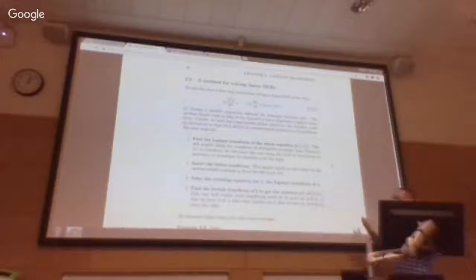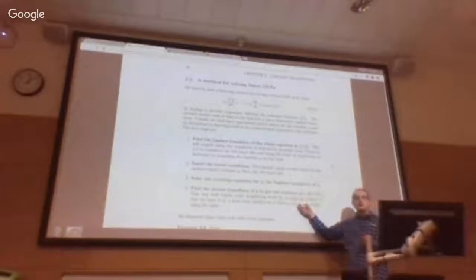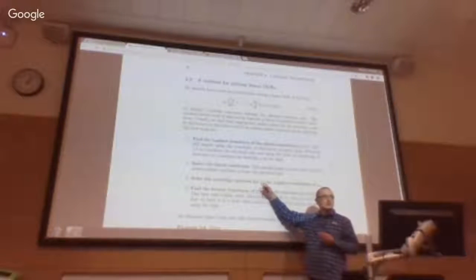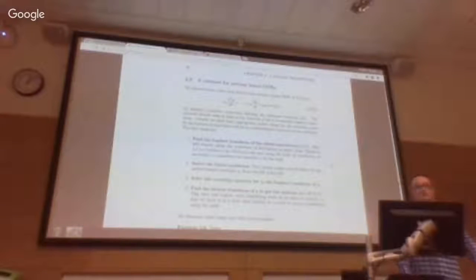Typically, that will mean doing some kind of partial fraction expansion on the rational function that comes out of that solution process to find it as a linear combination of simpler types of rational function, which we can find on the table of Laplace transforms, and so recover the original solution.